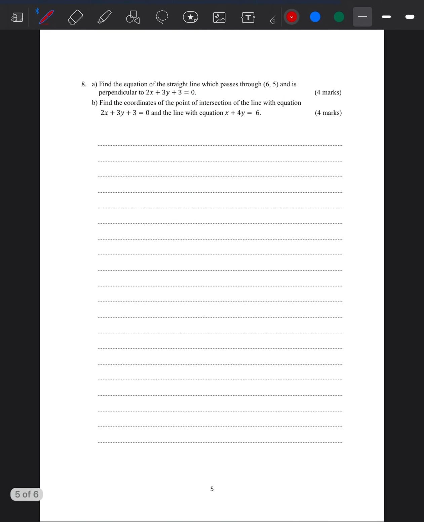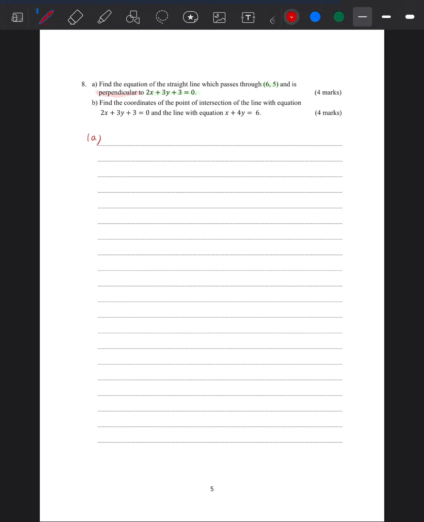So let's look at question 8. So part A, it gives you some information again. Find the equation of the straight line that passes through the point 6,5 and is perpendicular to this.